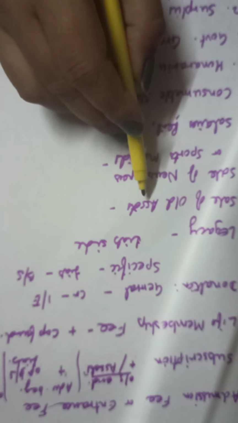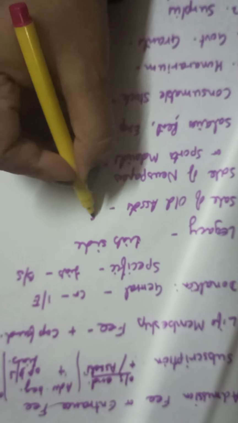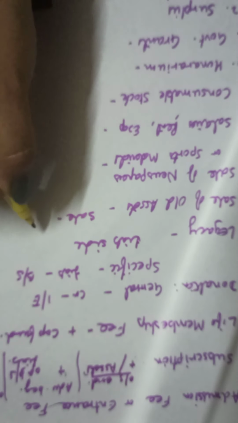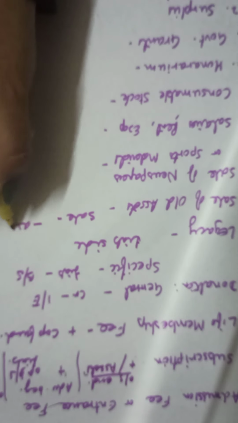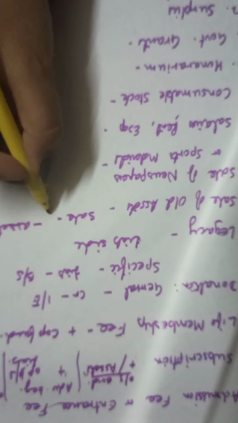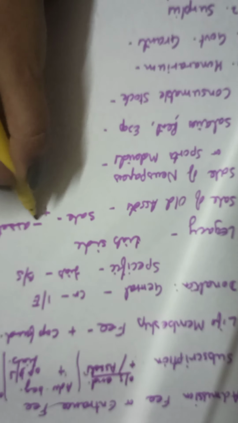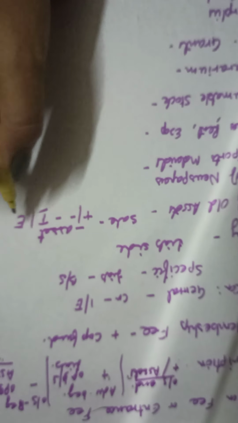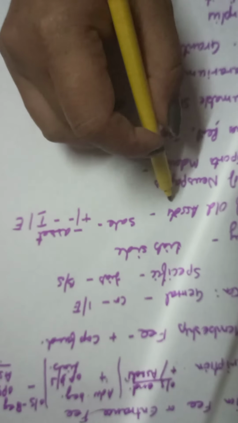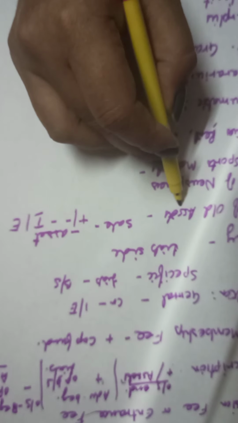The sale proceeds will be shown on the asset side, as a deduction from the asset. And the profit or loss on that sale will be shown in the income and expenditure side.